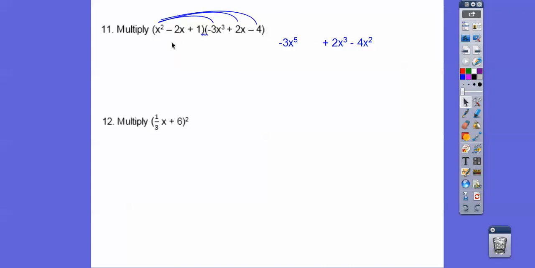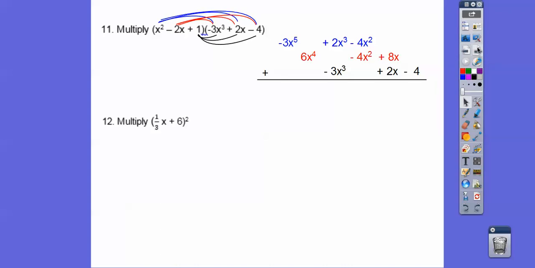So negative 2x times negative 3x squared is going to be a positive 6x to the fourth. I should have put a plus sign right there, but I didn't. Anyways, and then lastly, put the 1 through, and then you just add them together, and there you go.